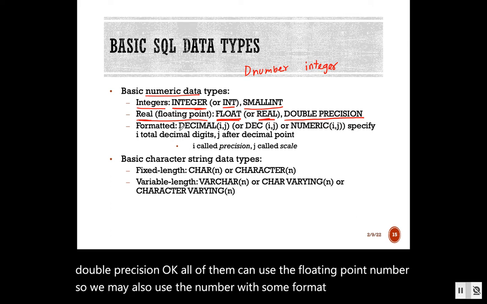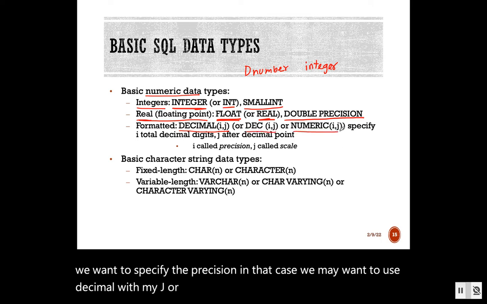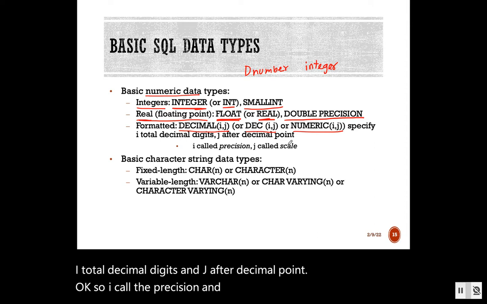For example, if we want to specify the precision, we may use decimal(i,j) or dec(i,j) or numeric(i,j), where i is the total number of decimal digits and j the digits after the decimal point. We call i the precision and j the scale. So these are the numeric types.